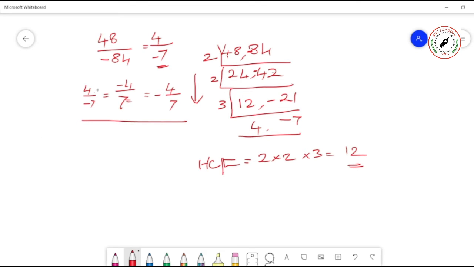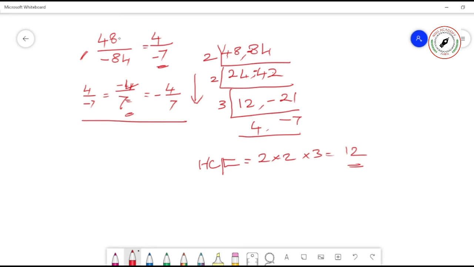Wherever you have, see, this is the normal fraction and this is the standard format. What is standard format? It cannot be further simplified, which means the negative symbol should be on the numerator, the denominator should be a positive number, and it cannot be divided further. It can be divided only by 1, not by any other number.